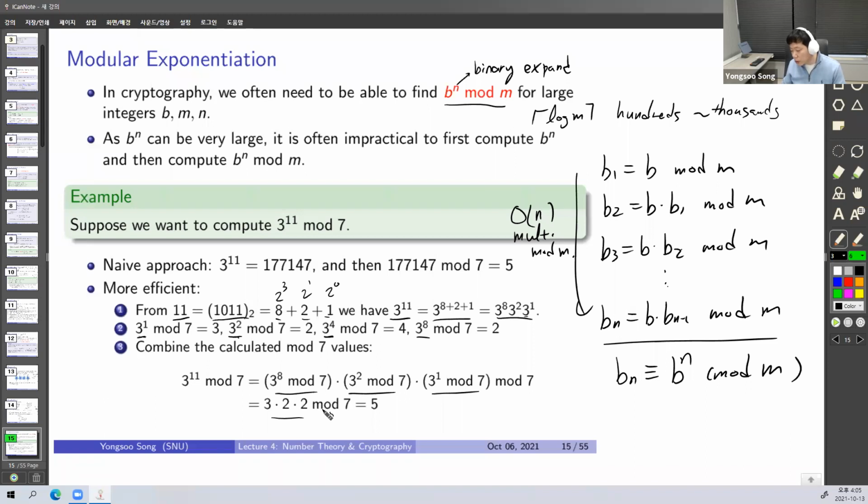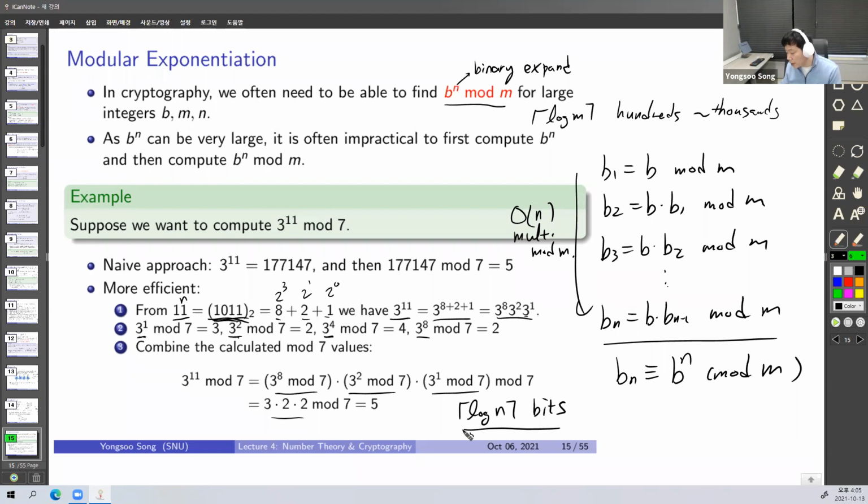So the total complexity depends on the bit size of this exponent. Suppose that this is n, then we have roughly log n bits. So the binary expansion of n is log n bits long.